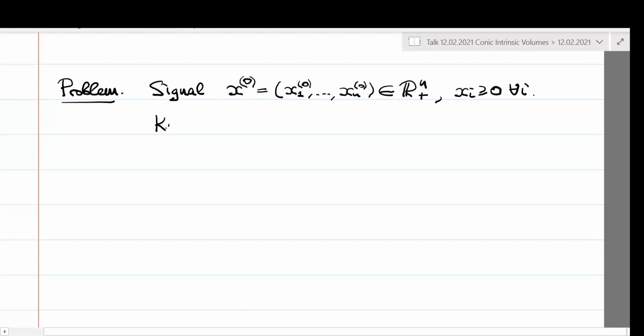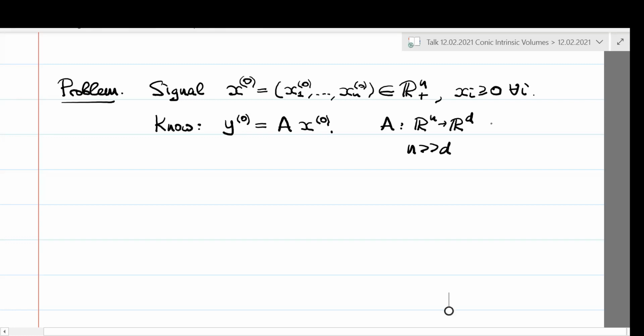Instead, we know some transformation of the signal. We call it y0, and it is some matrix A applied to x0. Here, A is a linear transformation from Rn to Rd, and n is maybe much larger than d. So the transformation lowers the dimension.